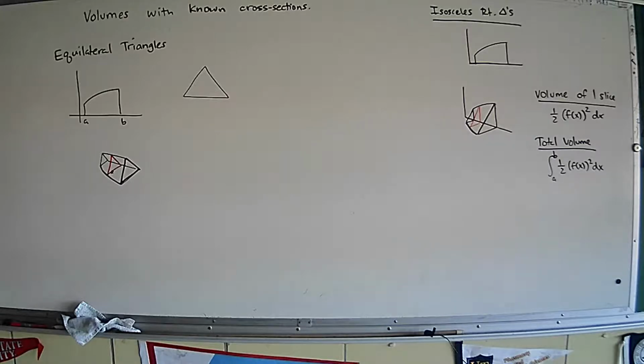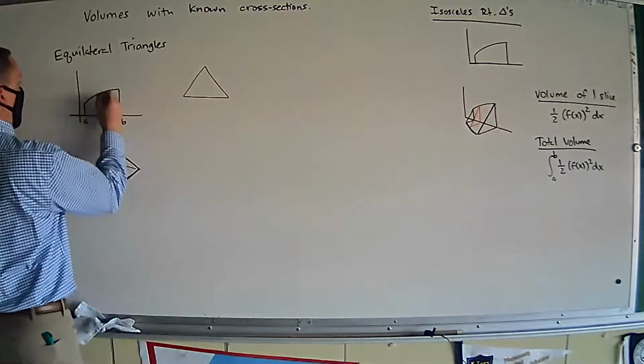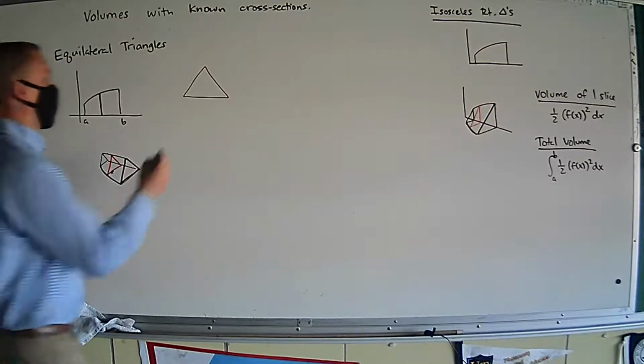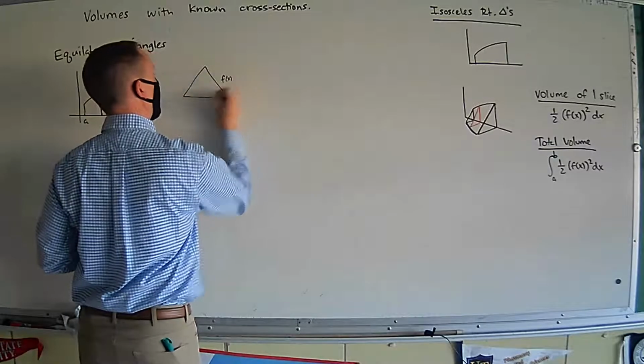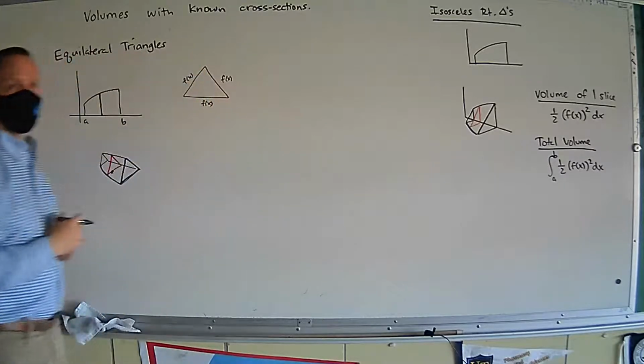What do you think, Mia? If it's equilateral, they're all the same. It's f of x, right? Because it's all about that length right there. And that length is f of x. So this is f of x. This is f of x. This is f of x. Right?